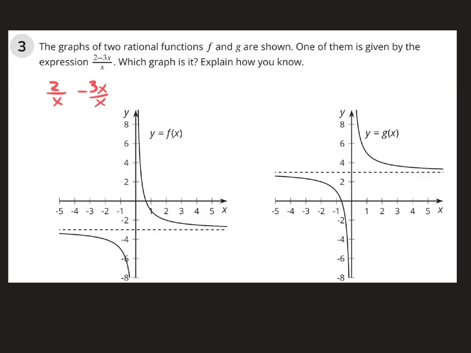As x gets bigger, that one goes to 0. X cancels out x. -3 is your horizontal asymptote. So this is the graph when y equals -3.